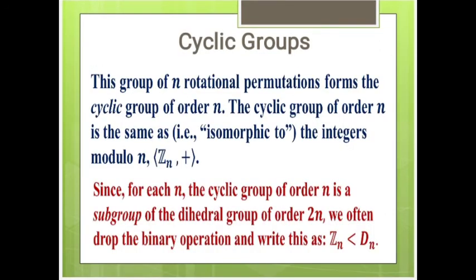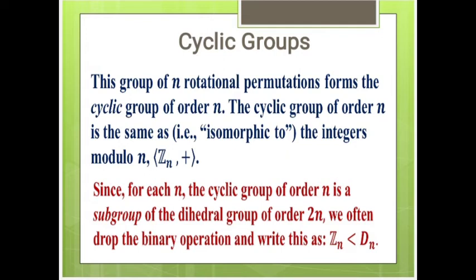The next one is cyclic groups. If we consider the symmetries of a regular n-gon which consist only of the rotations and not the reflections, then we get a subgroup of the dihedral group D sub n, which consists of the n rotational permutations.